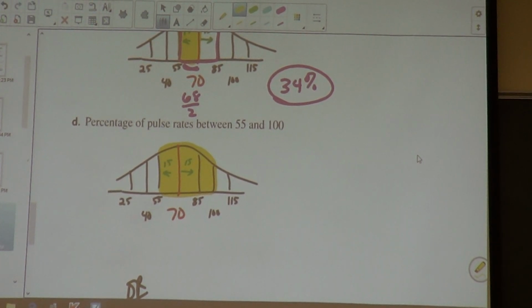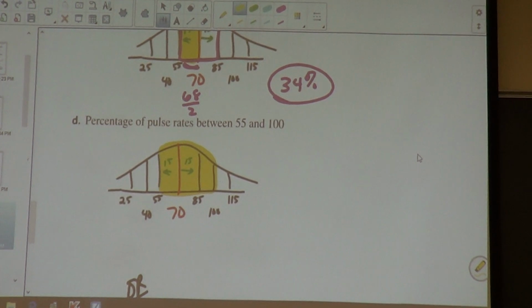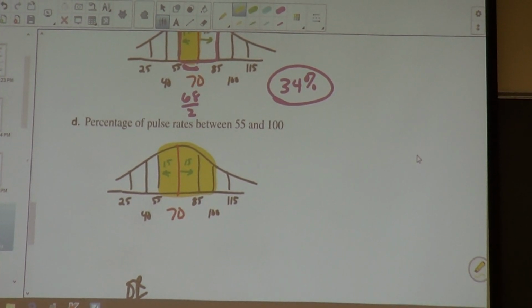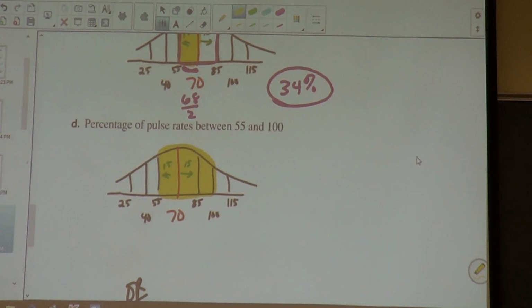Alright. Easiest way to think of this one, because it's kind of cattywampus. Because it's not a full 68 and it's not a full 95. So the way I thought of it is to say, okay, a normal curve is symmetric. It's kind of like a butterfly. Like butterfly wings.